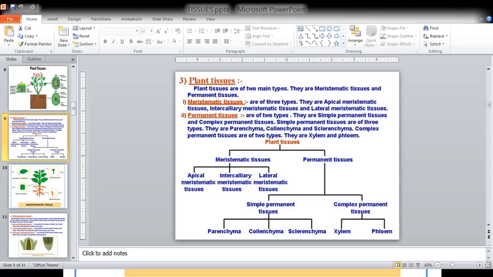Apical is present at the tips of the roots and stems, so it increases the length of stem and roots. Then lateral is within the stems and the roots, which increases the girth, the circumference of the stem and the roots. Intercalary is present at the base of the leaves and the internodes, which increases the length of the stem and the twigs. Clear?